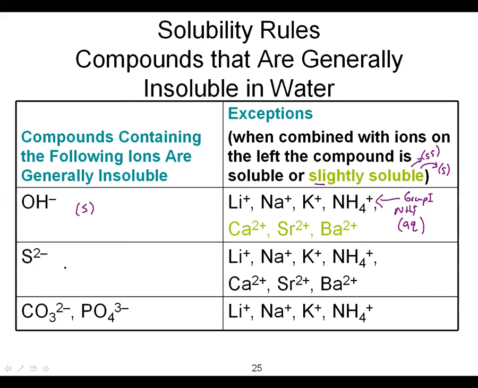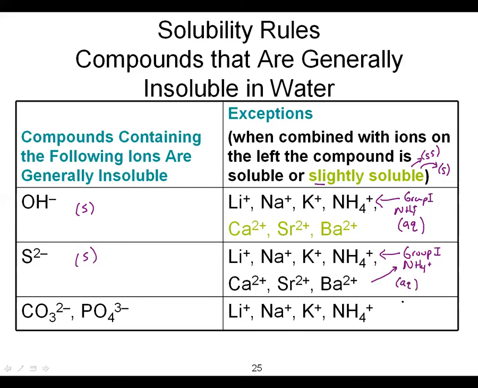Same thing down here. If we have sulfides, they typically make solids with whatever they're hooked up with. Again, the same exceptions apply: group 1, ammonium, and also calcium, strontium, and barium. If you have any of these hooked up with sulfur, it will go from being insoluble to being soluble.